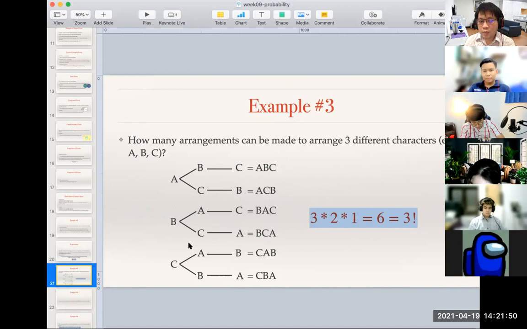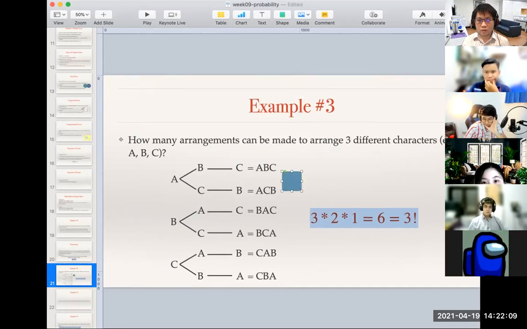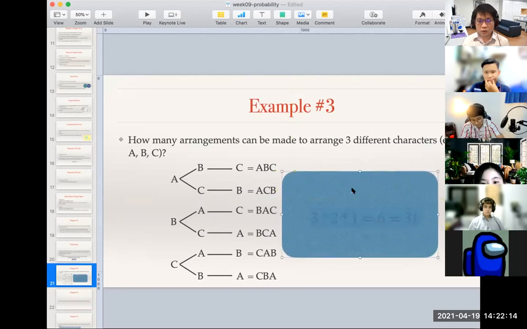You have CAB, CBA, they are also different. So in this case, okay, let me just close this one.